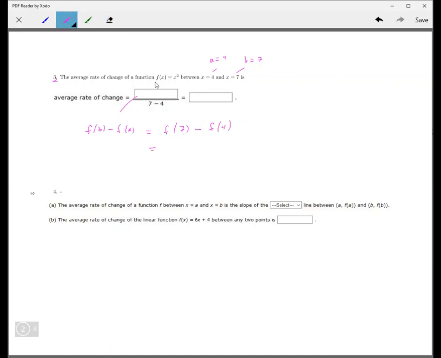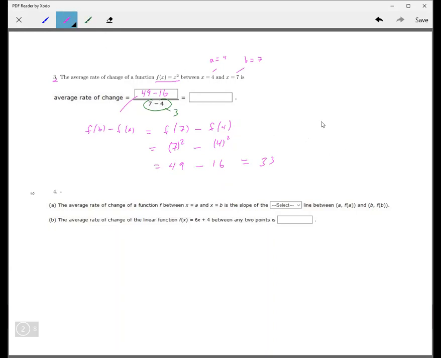And then f of x is x squared, so this is 7 squared minus 4 squared. When you do this, I should put parentheses around it. So that's 49 minus 16, and 49 minus 16 is 33. And then this piece right here is 3.